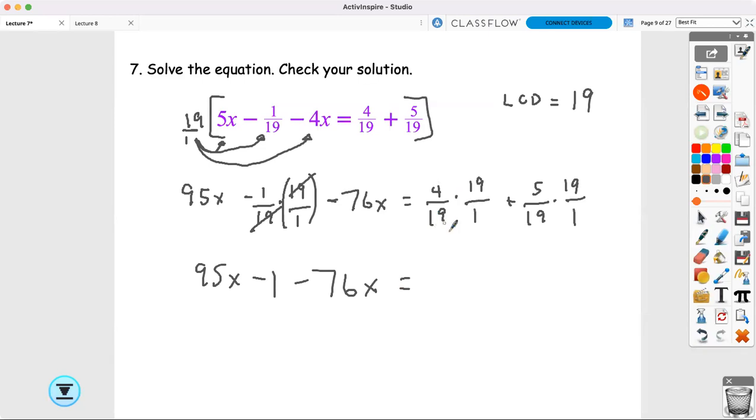Now let's try the same rule on the right side. 4 over 19 times 19 over 1. We have the same number on top and bottom, so we can cancel it out, and we are left with 4 over 1, which is just 4.